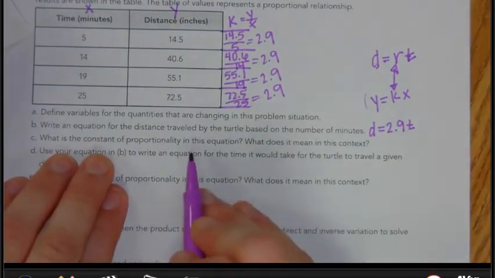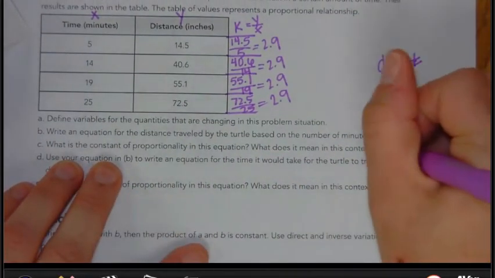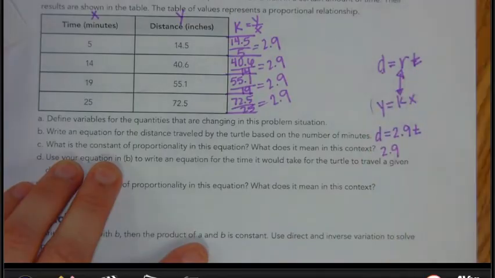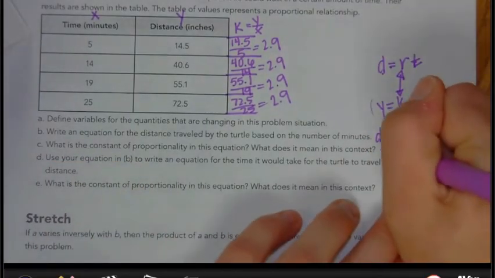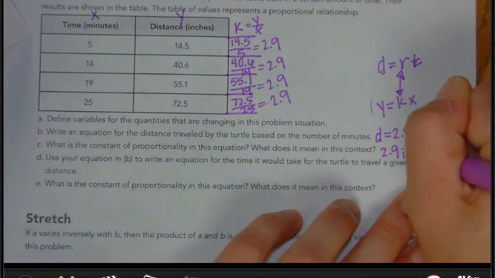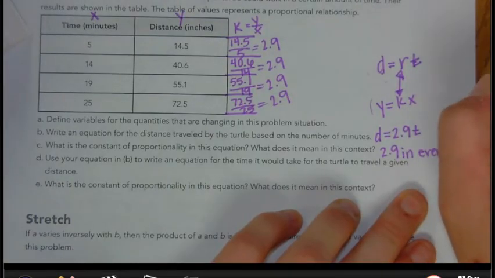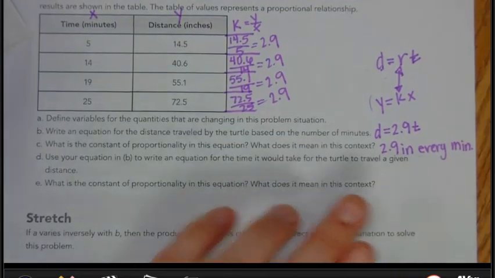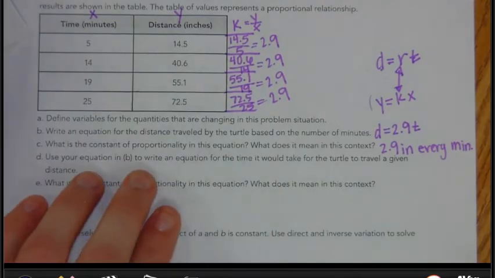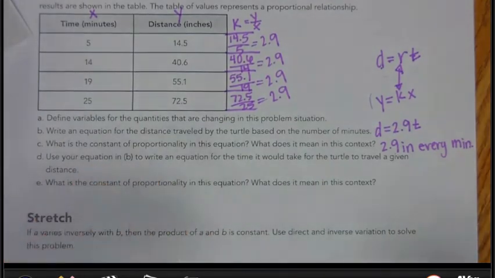Okay. What is the constant of proportionality in your equation? Well, that is equal to 2.9. So that means I'm going 2.9 inches every minute. All right, let's see.